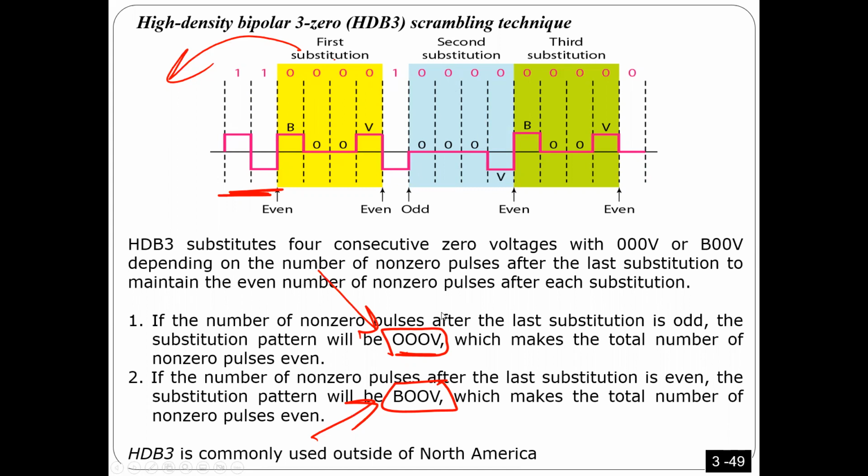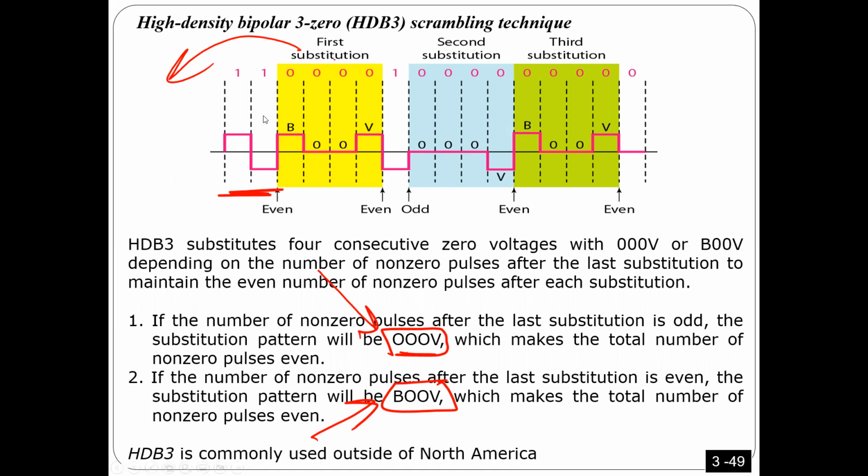In case of odd, I'm going to use this one, 000V. Now, between this substitution and this substitution, there is no non-zero signal. Similar to what I explained before, the only difference is that you have to see how many non-zero elements are between this substitution and the last substitution, and based on that, you use this pattern or the other one.